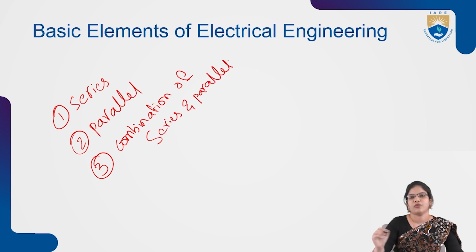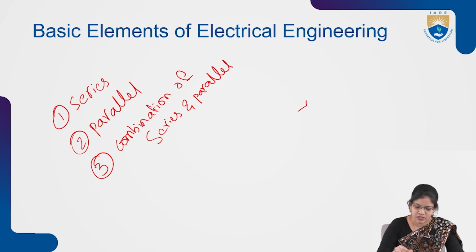We have already discussed in the previous lecture how to calculate the resistances when they are connected in series. First point to remember is that if the current is the same across all the resistances, then the circuit is connected in series.